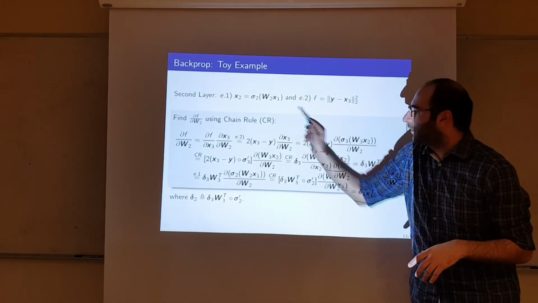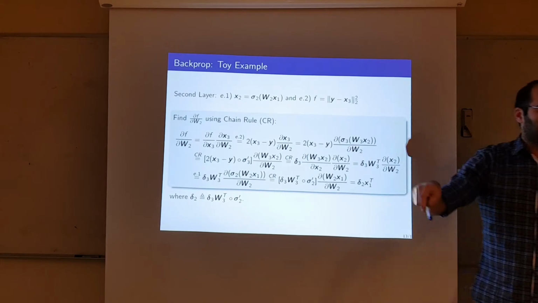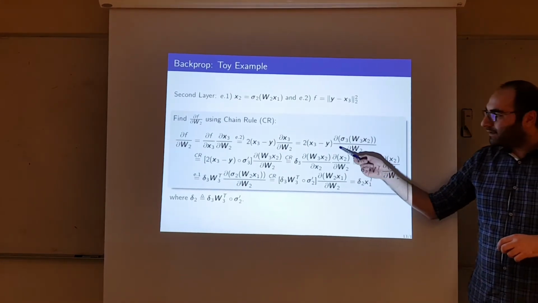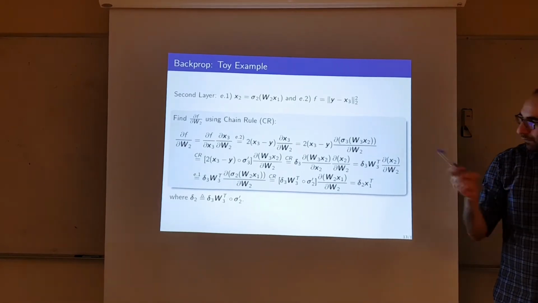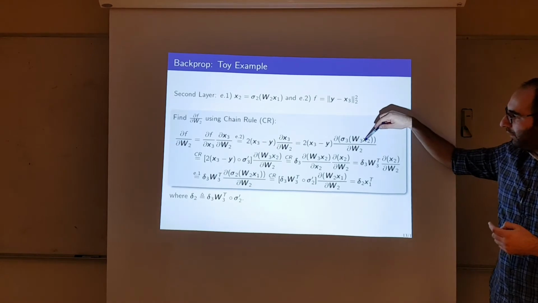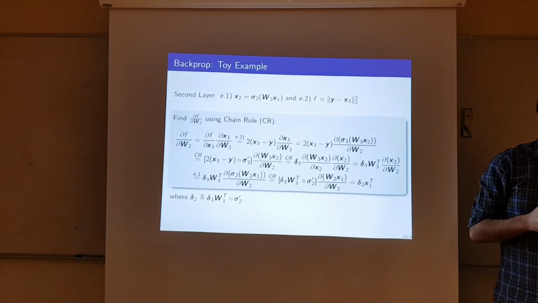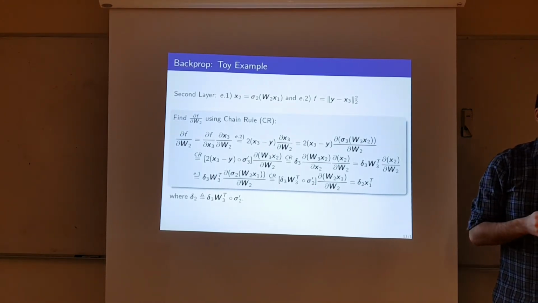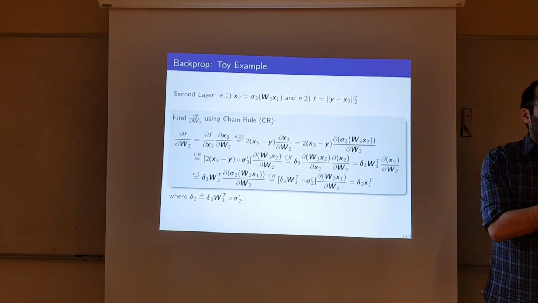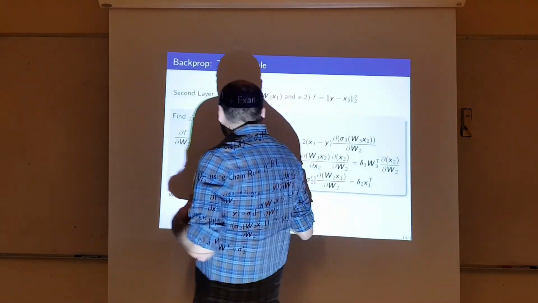Sorry, x3 is on the previous slide. Just substitute the value, and then again this is a differentiation. We need the partial differentiation of a composition of functions: it's W3 x2 first, and then sigma next, you apply this nonlinearity. Then we can again use the chain rule to split it into the product of two gradients.